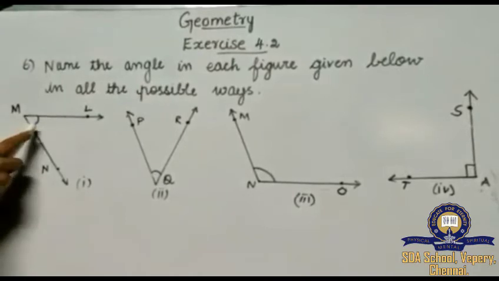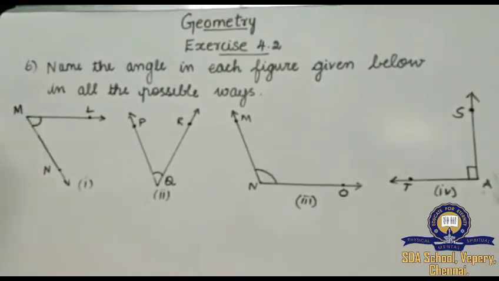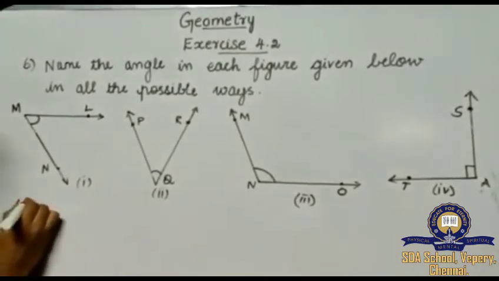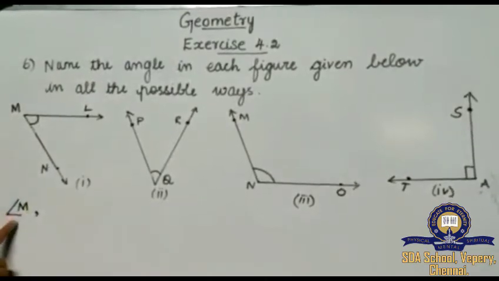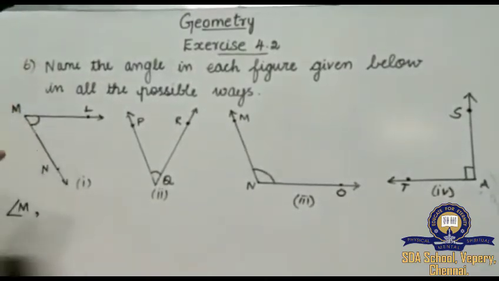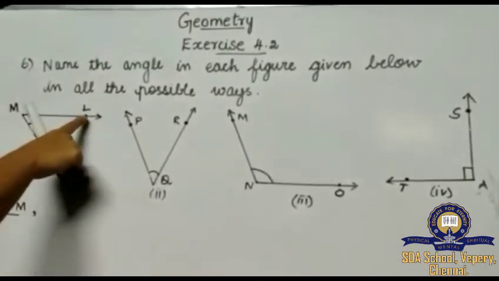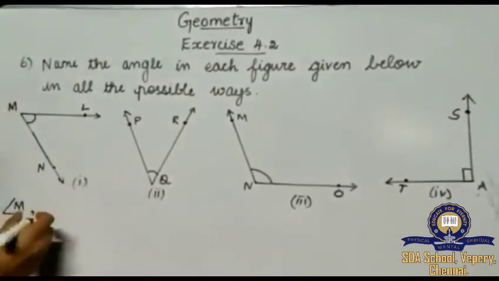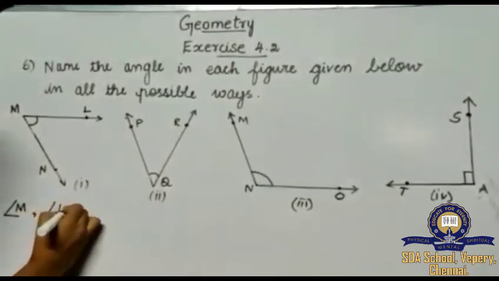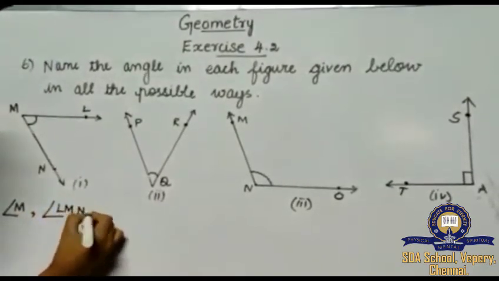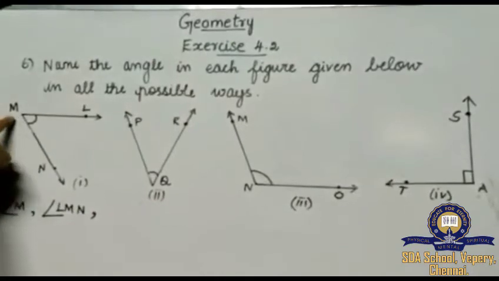So the angle is mentioned here, right? So M is the angle. Okay, so in one way we can write it like this. Okay, since they're asking us to name the angle, you should start with this symbol. Okay, and next we can write it as LMN, followed by, we can also write it as NML.